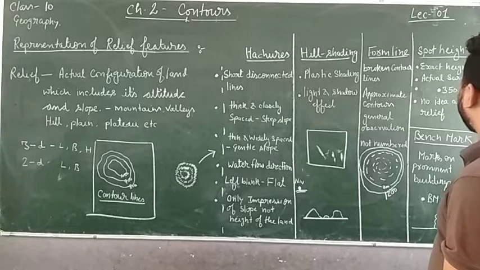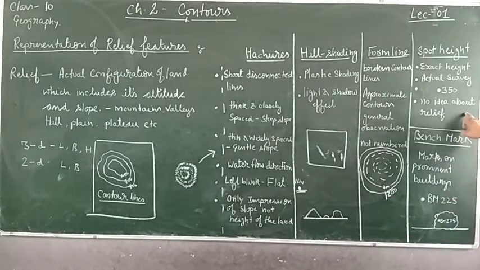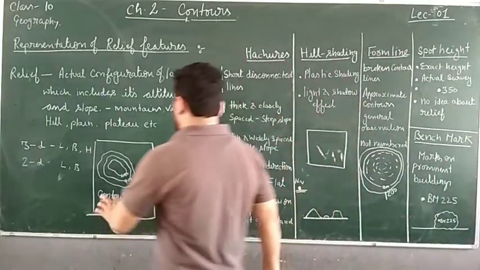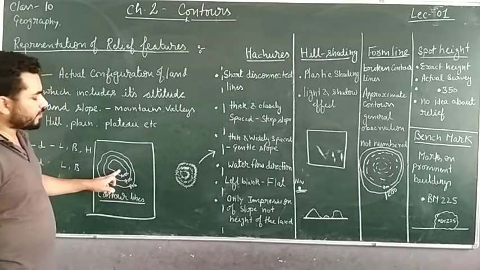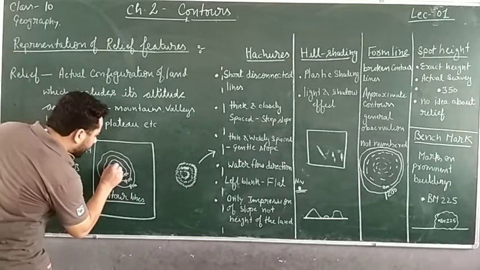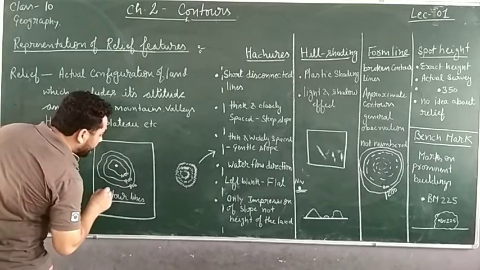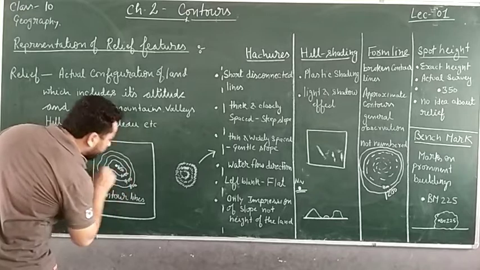And then after that we have the next one. This one is spot height. Now what is the meaning of spot height? Like suppose here contour lines are being drawn, it is 800, 900, 1000, right? And on the top, suppose there is one point, and on that point it is written 1050, right?